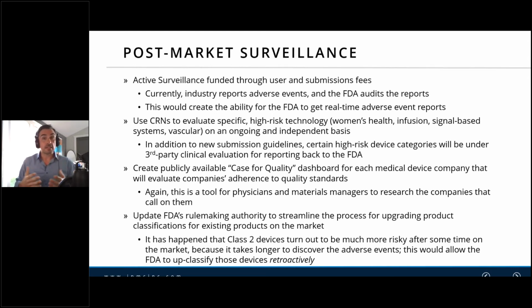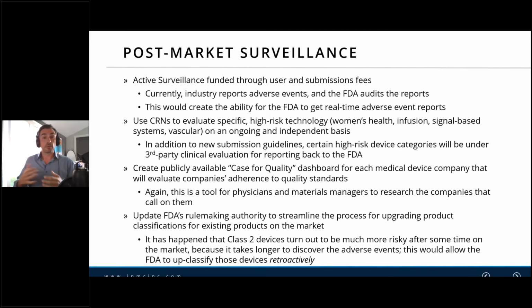So again, the role of CRNs to evaluate specific high-risk technology categories is going to increase. And so, how is that going to look on post-market surveillance? You're going to see more experienced experts in these product categories serving as auxiliary arms of the FDA in their post-market surveillance activities, right?